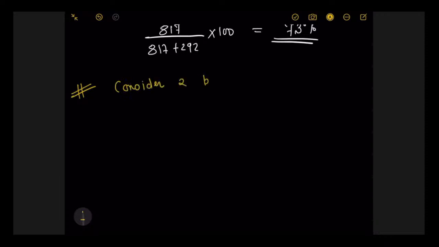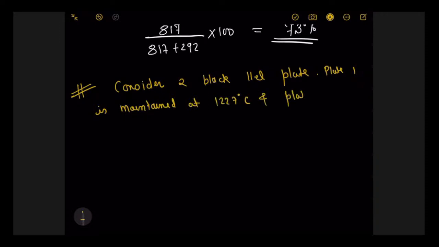Consider two black parallel plates. Plate 1 is maintained at 1227 degrees centigrade and plate 2 is maintained at minus 174 degrees centigrade.